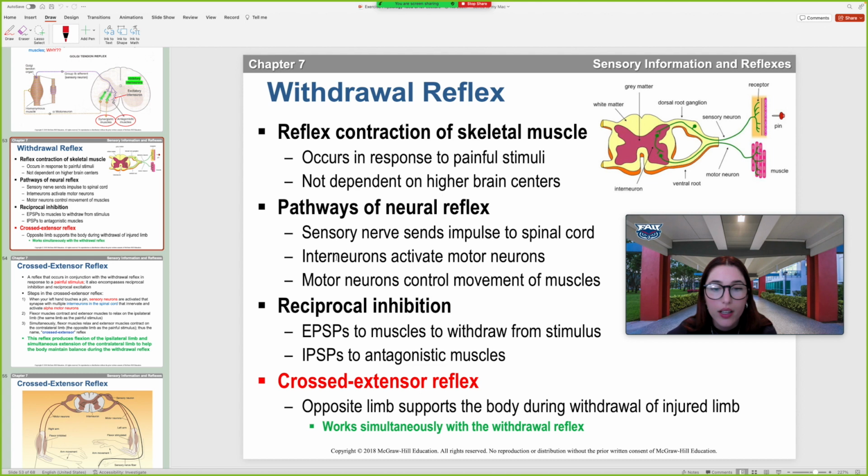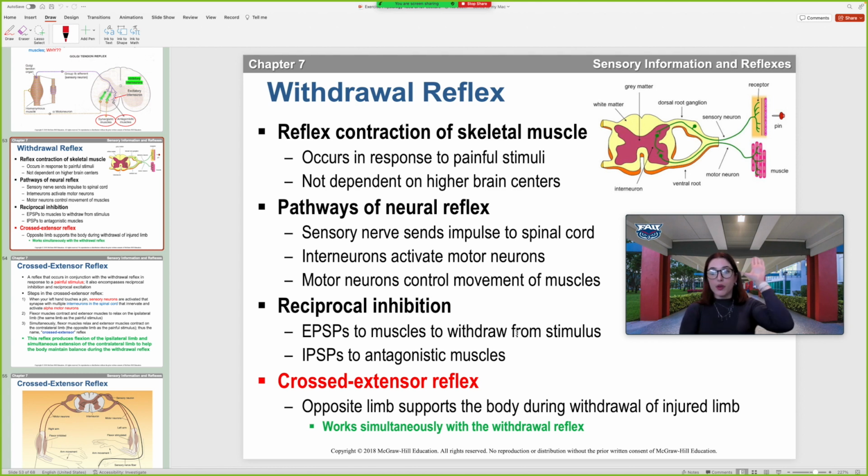Okay. And the withdrawal reflex also has reciprocal inhibition. So it sends excitation impulses to muscles that are involved with withdrawing away from the stimulus, and it sends inhibitory impulses to the antagonistic muscles, right?